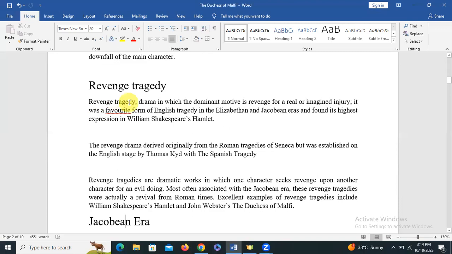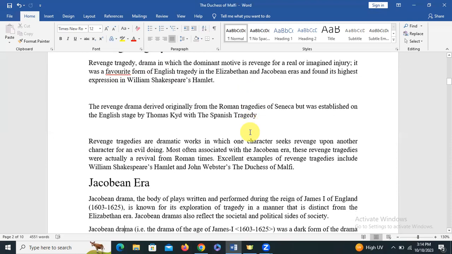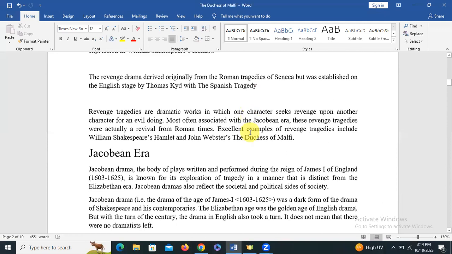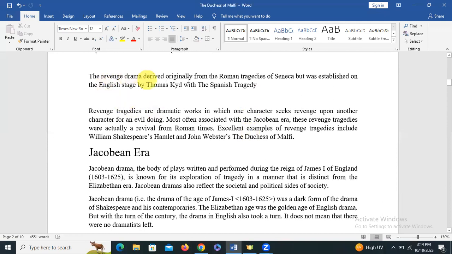Okay, so revenge tragedy is drama in which the dominant motive is revenge for a real or imagined injury. It was a favorite form of English tragedy in the Elizabethan and Jacobean eras and found its highest expression in William Shakespeare's Hamlet. The revenge drama derived originally from the Roman tragedies of Seneca, which was established on the English stage by Thomas Kyd with The Spanish Tragedy.